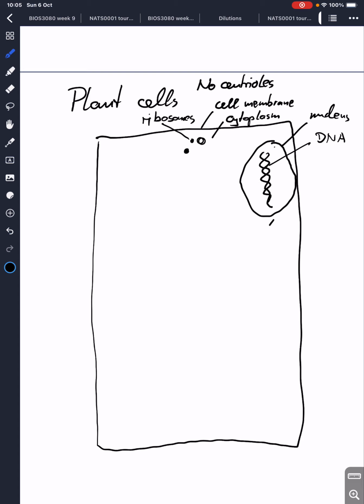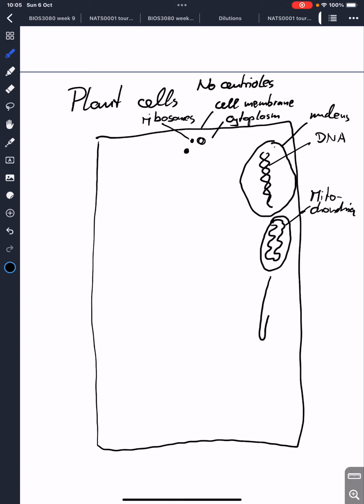Of course, we've got mitochondria, the powerhouse of the cell with its membrane system. We've got the endoplasmic reticulum, and we can have smooth as well as the rough endoplasmic reticulum.